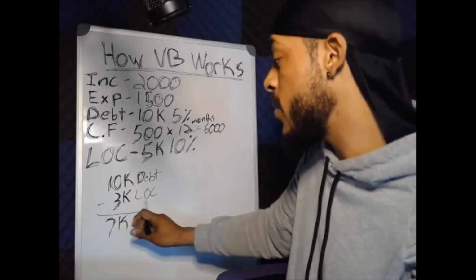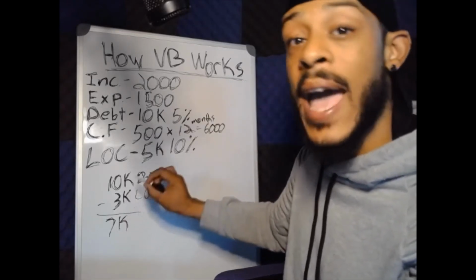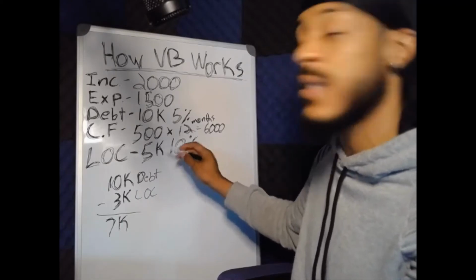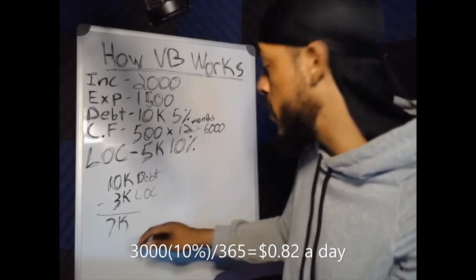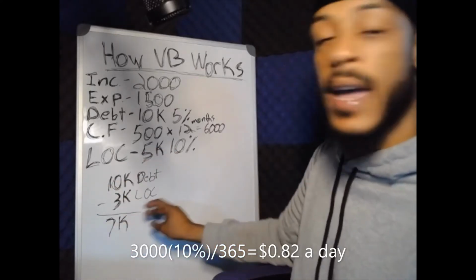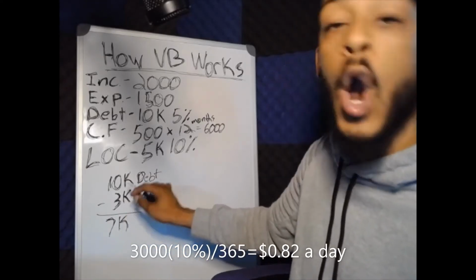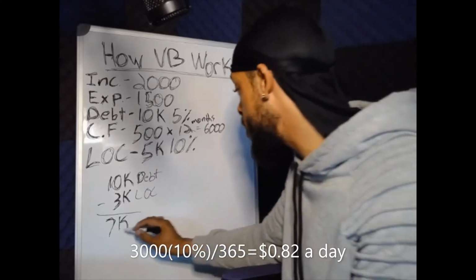So when you take out the 3,000, every day you have that 3,000 out of the line, you are getting charged a daily interest of 3,000 times 10 divided by 365, right? So whatever that number is, add that. Just keep that in mind, that that's what you're borrowing that 3,000 at the cost of daily, right?